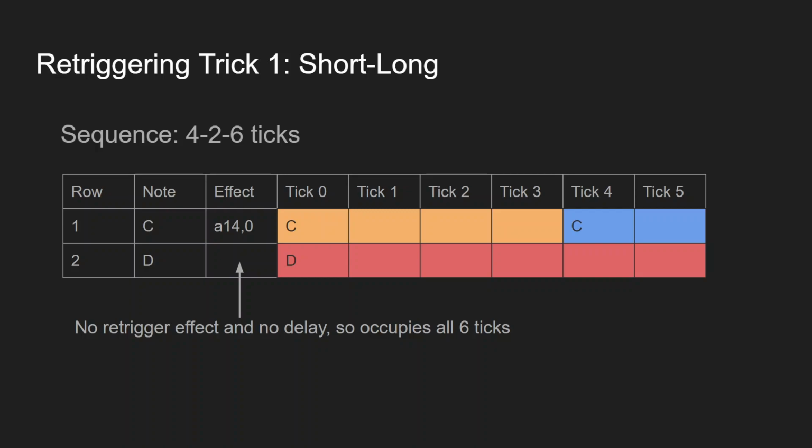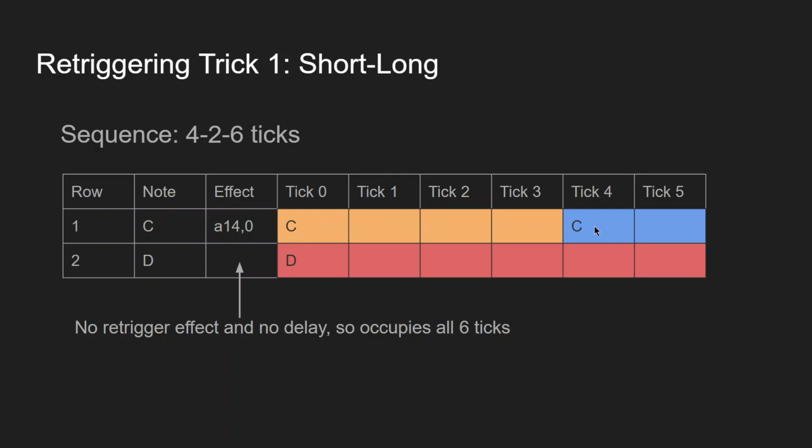Now we're going to get into some tricks, or extra things you can do. One is that you can split the row into a short portion and a long portion. Here we're retriggering every 4 ticks. So our first note takes up ticks 0, 1, 2, and 3.